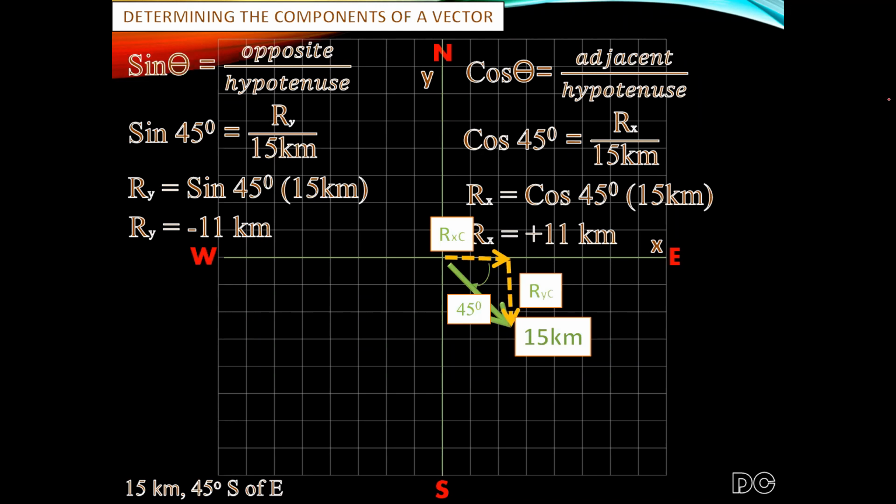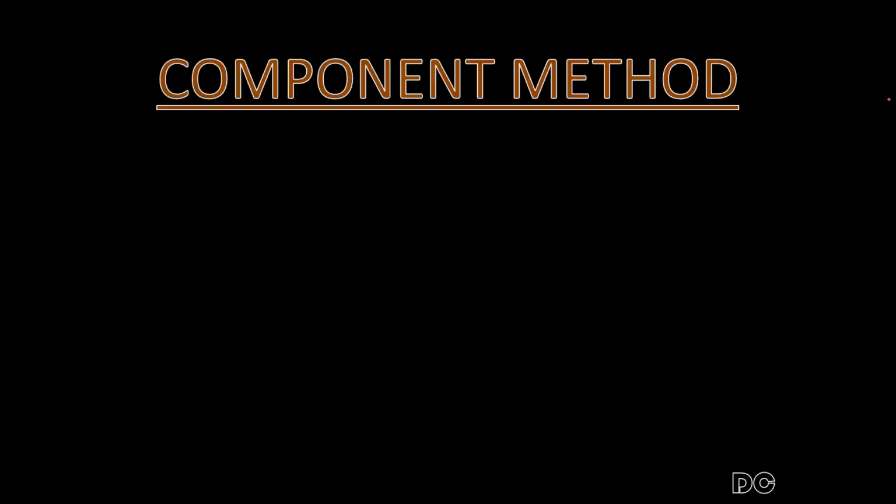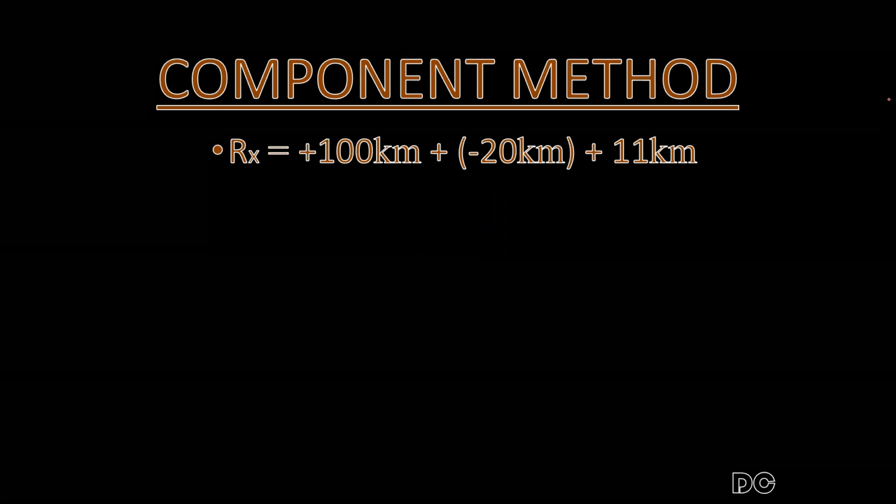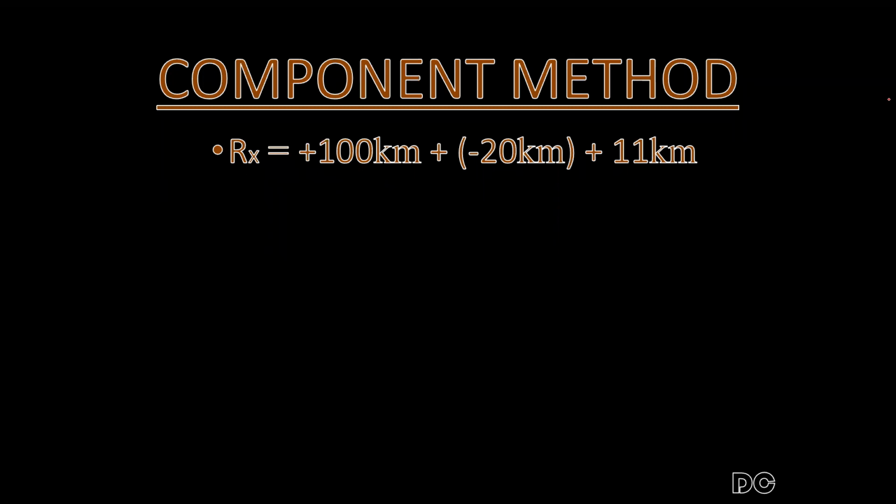Okay, so after you solve for the components of the three vectors, next is to add all the x components and the y components. For our r sub x, just simply add all the x components. For vector A, we have positive 100.